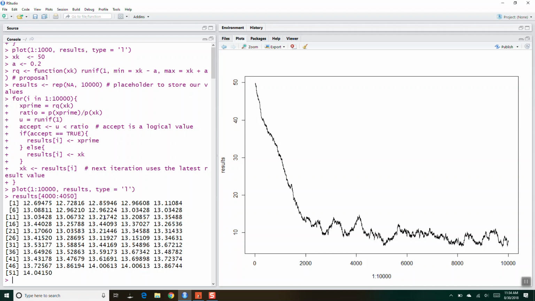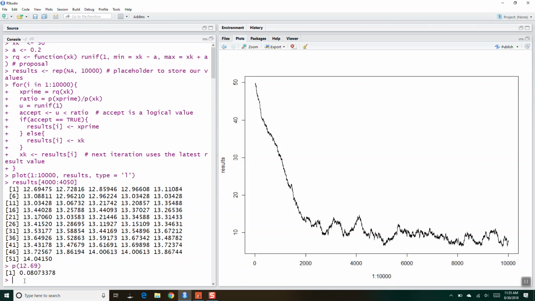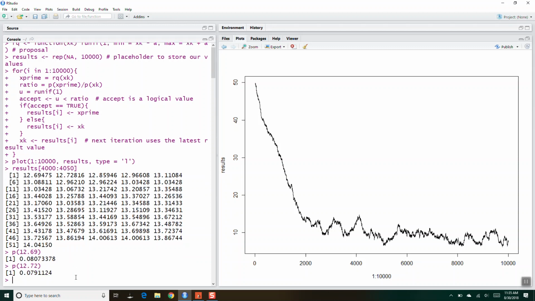So if you're currently at 12.69 and you propose 12.72, 12.72 is technically a worse, less probable value than 12.69. But what's the ratio between the probabilities? P is my dnorm. 12.69 has probability 0.08, and 12.72 has this probability.